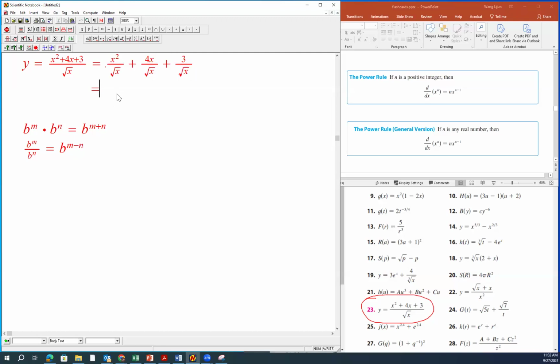All right. So we're getting x raised to the power 2 minus half, right? Root x is x raised to the power of half, plus 4 times x raised to the power of 1 minus half.